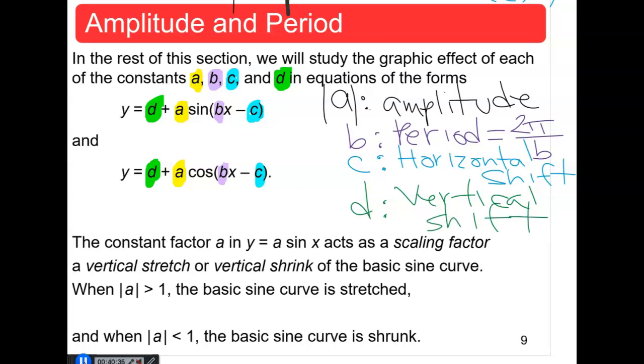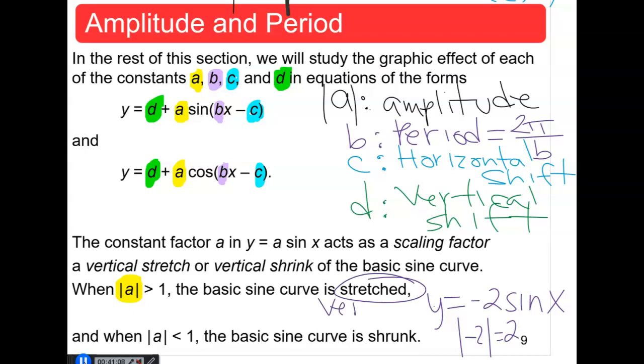Okay, now if we have a constant that is greater than 1, and we're using the absolute value, so even if you were to have the equation I wrote down here, the amplitude is still the absolute value of 2, which will be positive 2. And if the absolute value is greater than 1, then you actually have a stretch, and it's actually a vertical stretch.